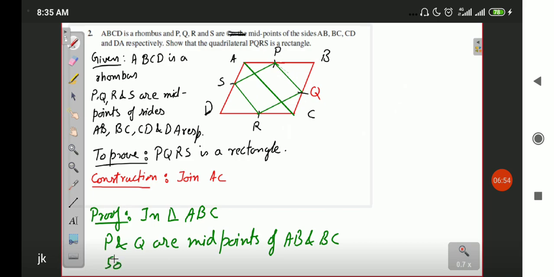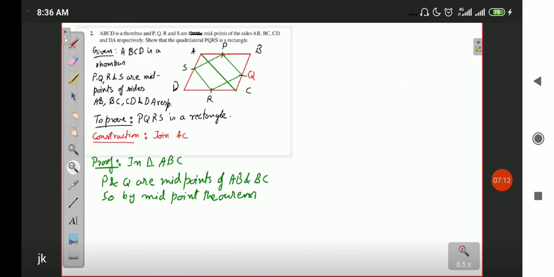So, by midpoint theorem: a line joining midpoints of 2 sides of a triangle is parallel to the third side and is half of it. That means PQ is parallel to AC and PQ is half of AC. Parallel to AC becomes the first equation, half of AC becomes the second equation.